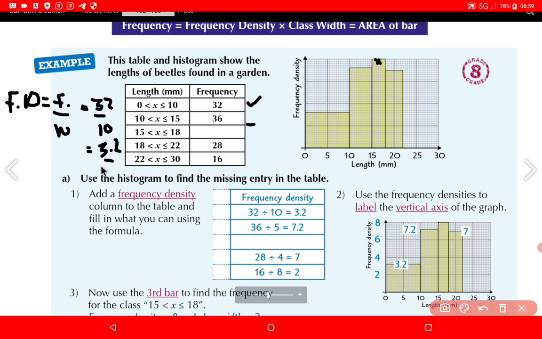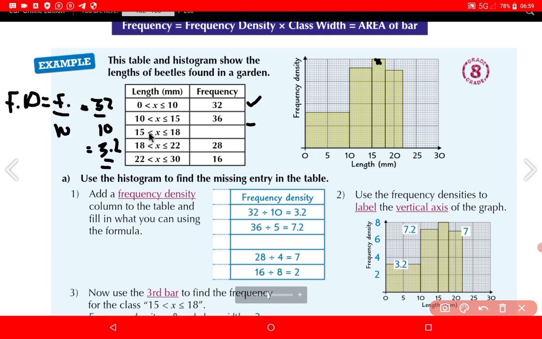Now for this particular set here, we need the frequency. We only need the frequencies, we are lacking the frequency. So what is actually the width here, 15 to 18?